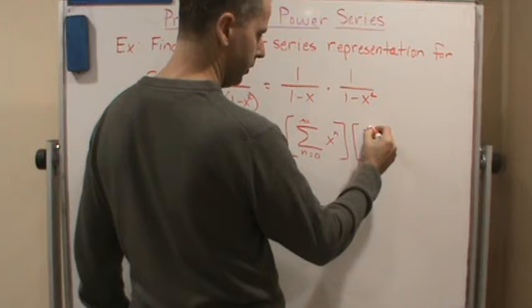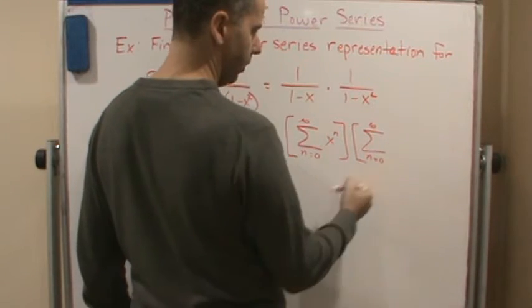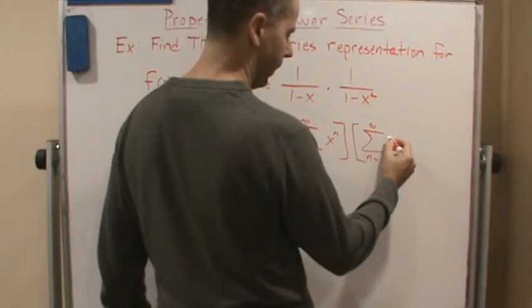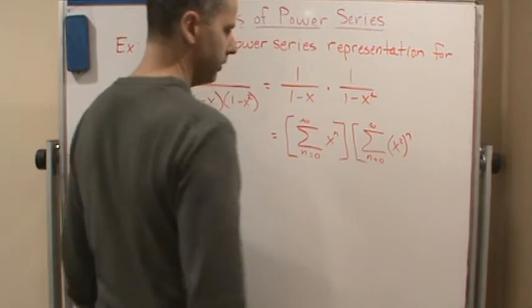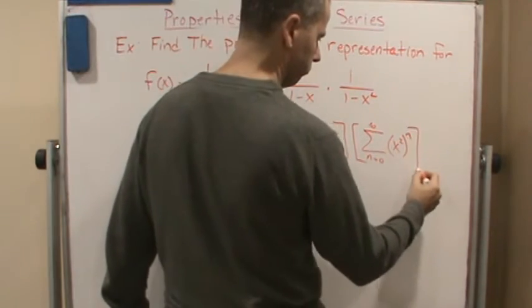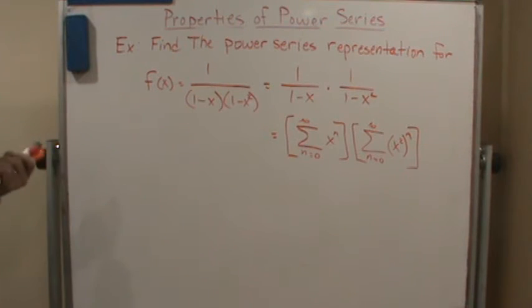The sum from n equals 0 to infinity of what? It's going to be x squared to the nth power. Right? And this also has an interval of convergence from -1 to 1.